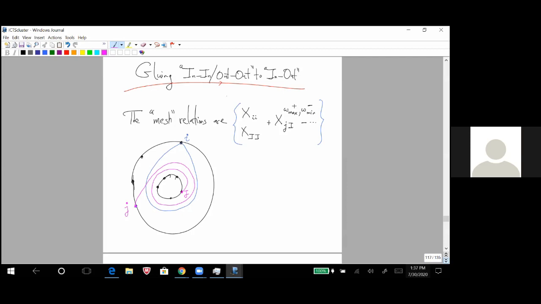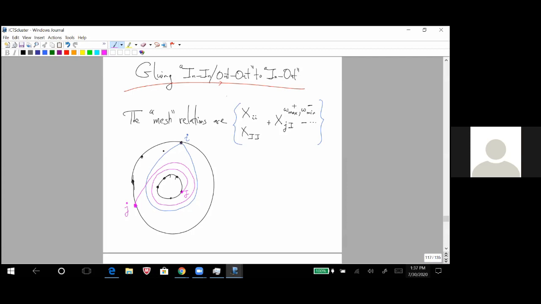So there has to be some new set of relations. And these are the relations that turn out to give us the object we want. I think they're the most natural ones that you could imagine. You just take these variables on the outside involved. So I need to find some relation between an in-out variable, which has two labels, a little j and a capital J, and the other one.